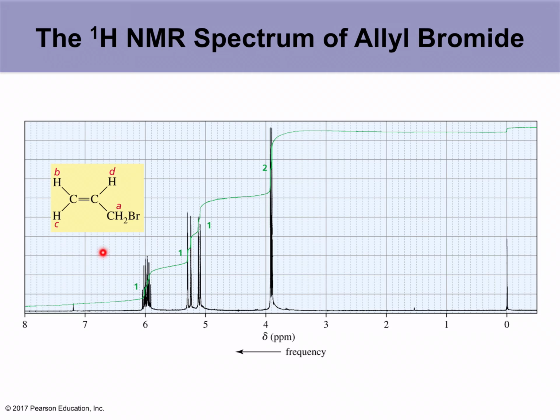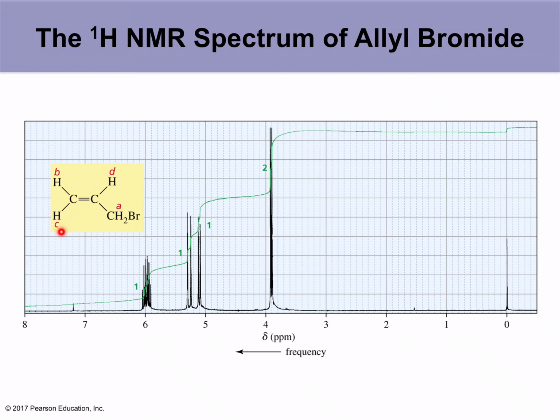And this is the proton NMR of allyl bromide. Allyl bromide, you have 2 hydrogens here and B, C, D. So alkene hydrogens, remember, due to the diamagnetic anisotropy, alkene hydrogens are going to be more deshielded compared to regular alkane hydrogens.